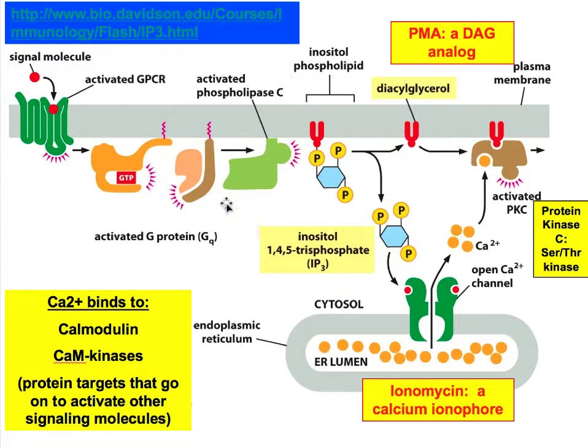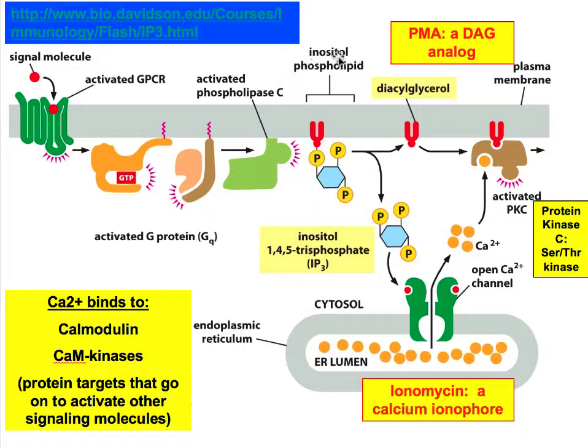And here's the phospholipase C. Well, the phospholipase C is turned on by a G protein. The G protein's beta and gamma subunit turn on phospholipase C. Why does that happen? Because the receptor molecule, the receptor for this cell, has bound to a signal. And the binding of that signal causes this activity to take place.